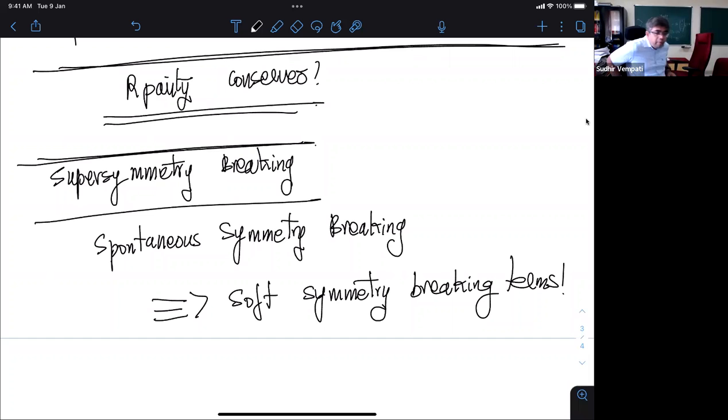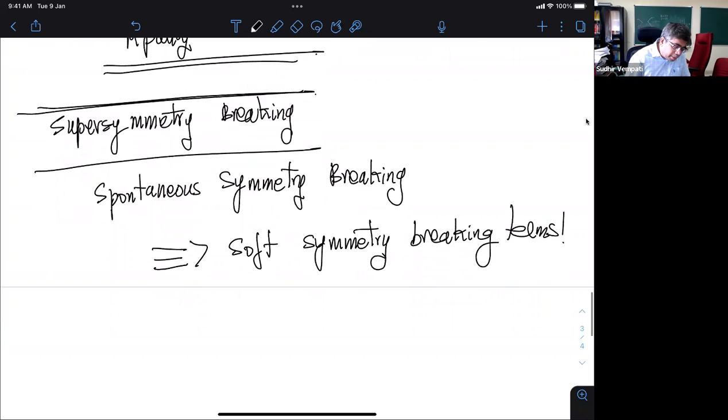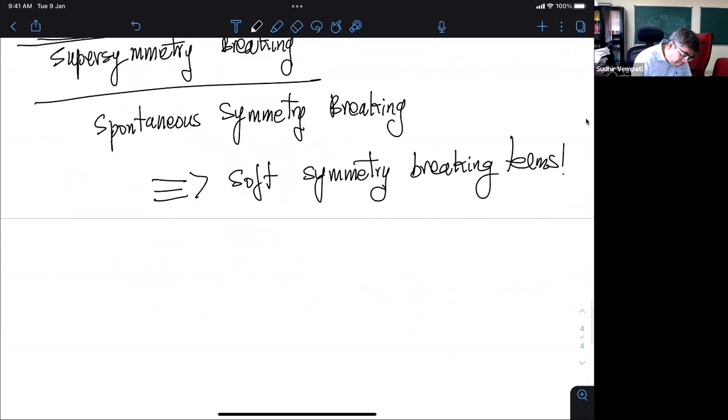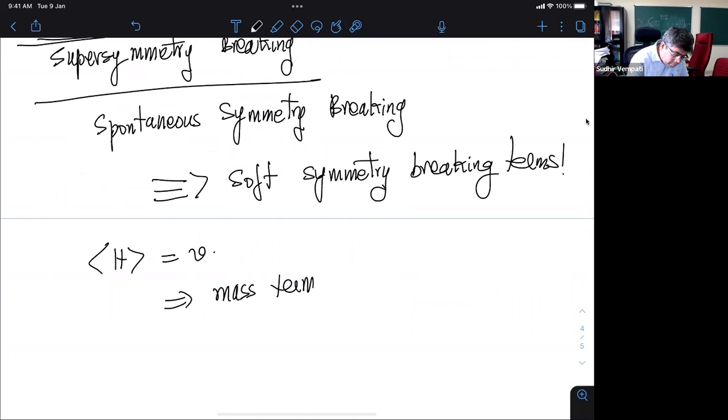Take the example of the standard model. In the standard model, you have spontaneous symmetry breaking with the Higgs vev. And what terms does it give you? It gives you mass terms for gauge bosons and matter fermions.